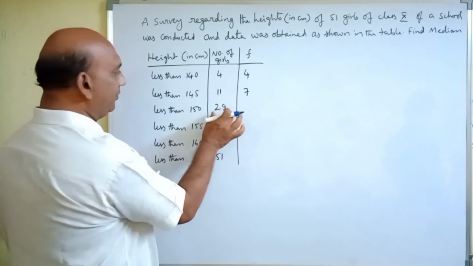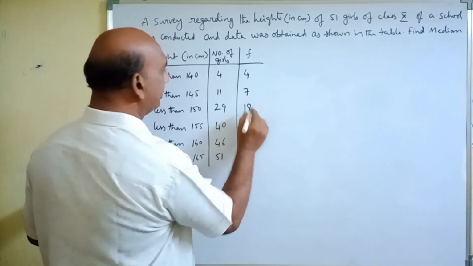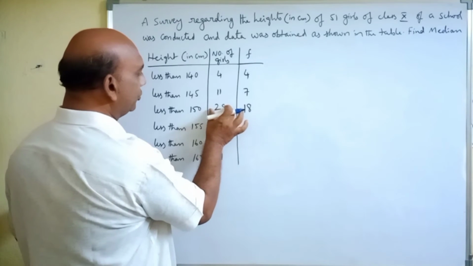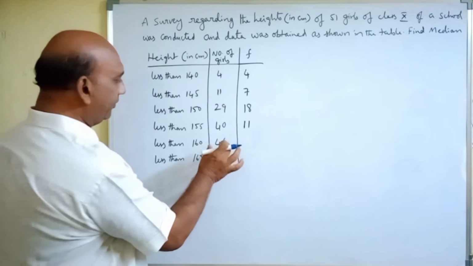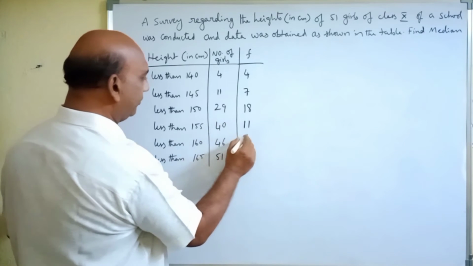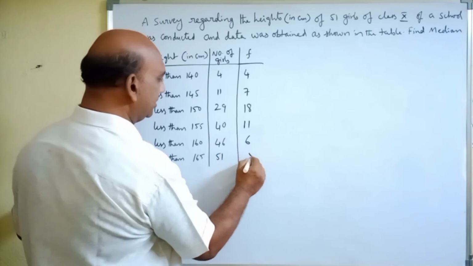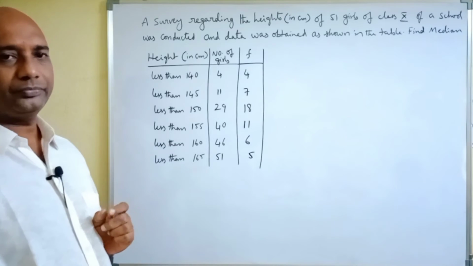And then from this 29 subtract 11, that is 18. And then from this 40 subtract 29, that will be 11. And then from this 46 subtract 40, that is 6, and 51 minus 46 is 5. So these are the frequencies.